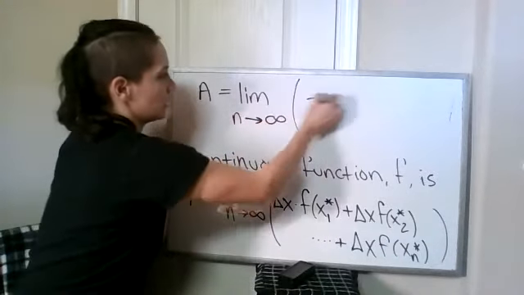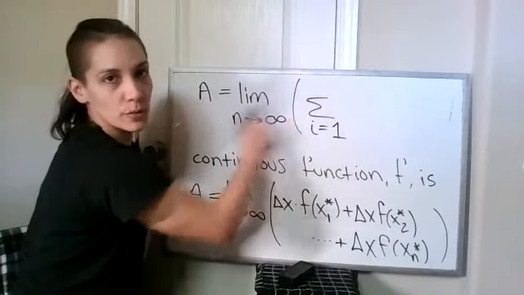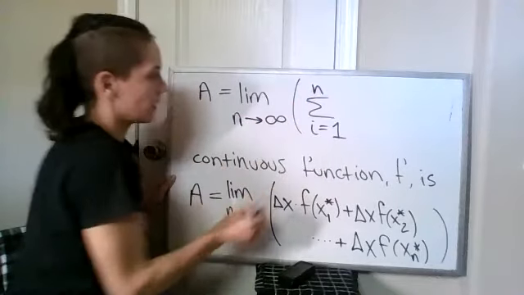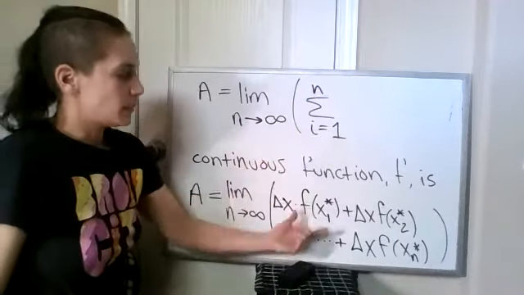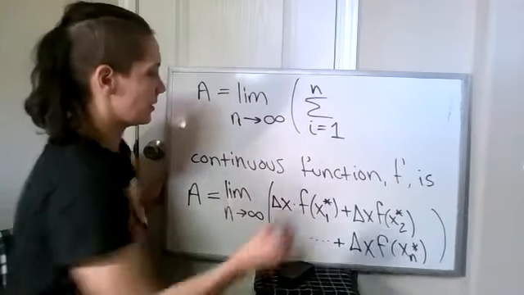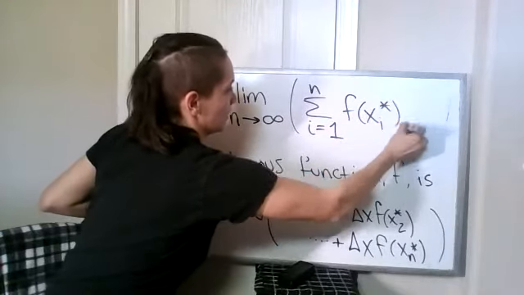We're going to sum from I equals 1 up to n, summing up all of those rectangles, f of x sub I star multiplied with the delta x.